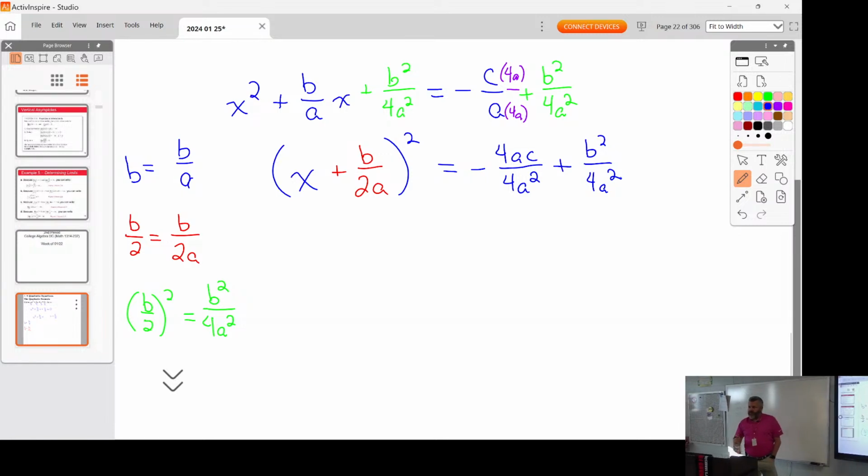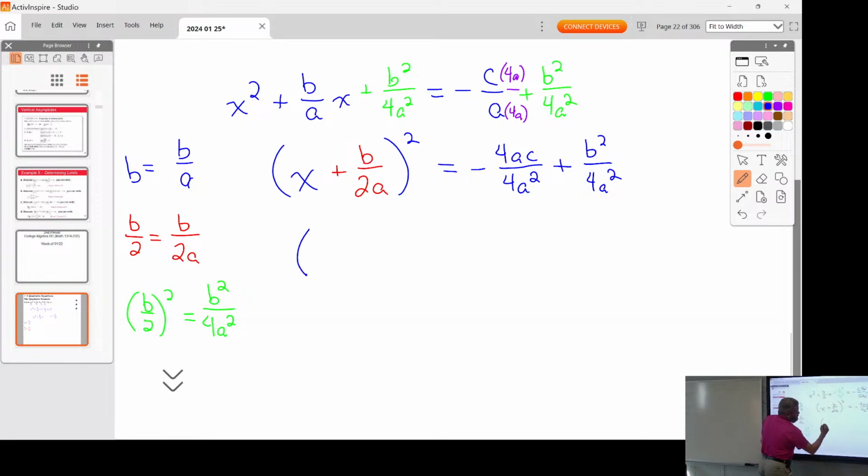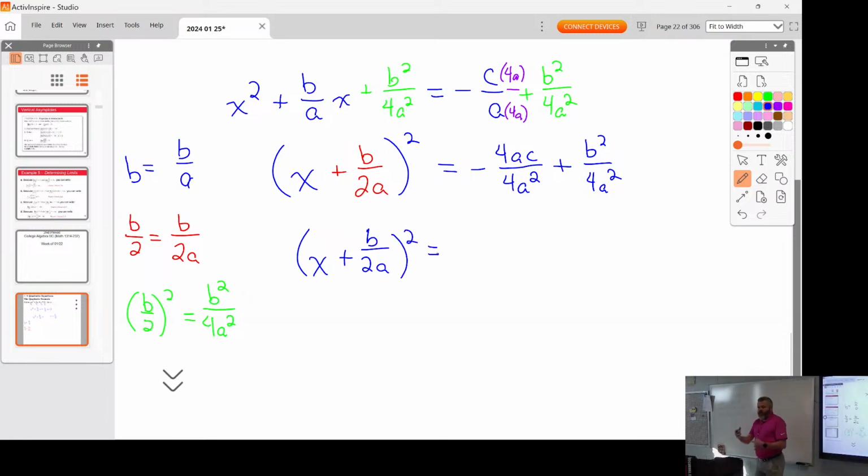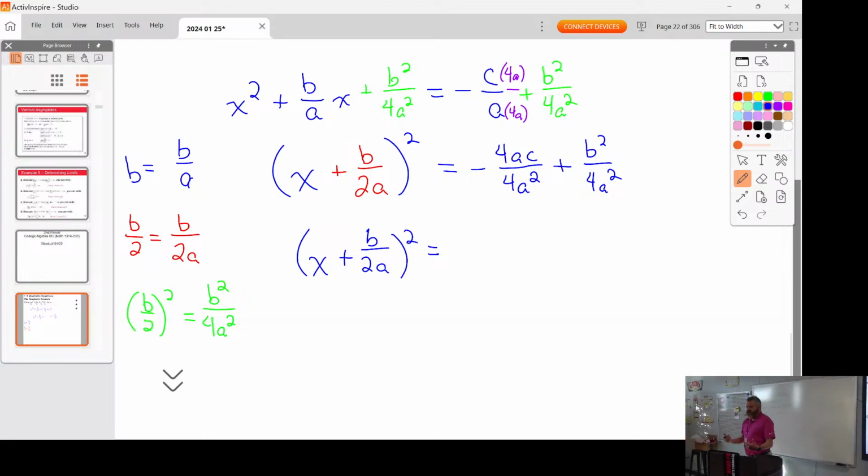Can I add those now? So I'm going to go to my next step. Left side, I'm just going to leave it alone because I'm not doing anything with it right now. Okay, so when you add fractions, if the denominator is the same, you just keep the denominator and combine the numerators.